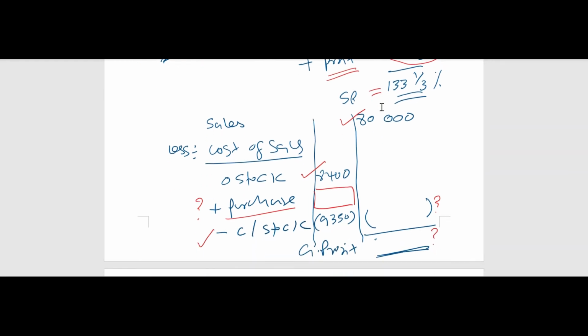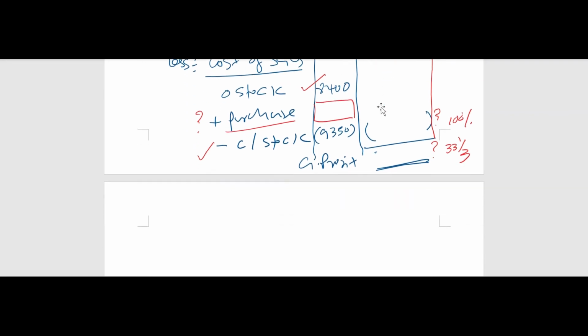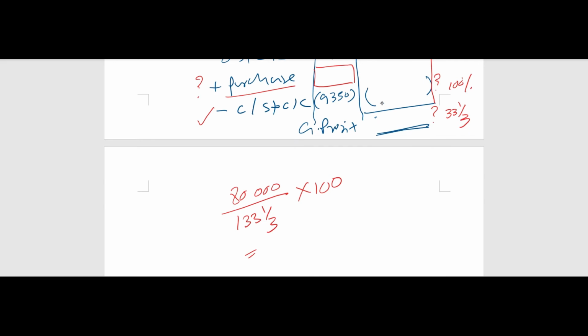So the selling price of 133 1/3% is equal to 80,000. Therefore, 80,000 divided by 133 and 1/3% times 100 gives 60,000.